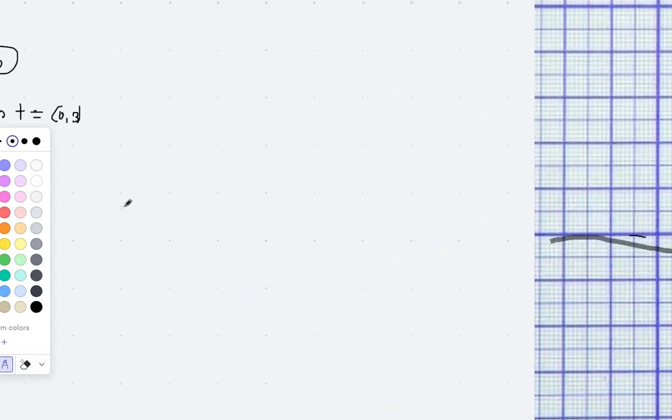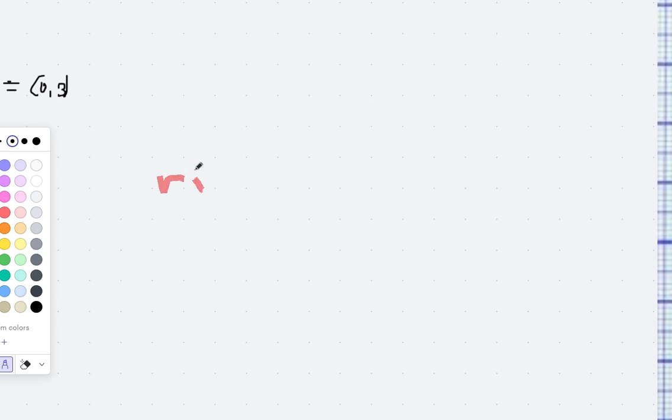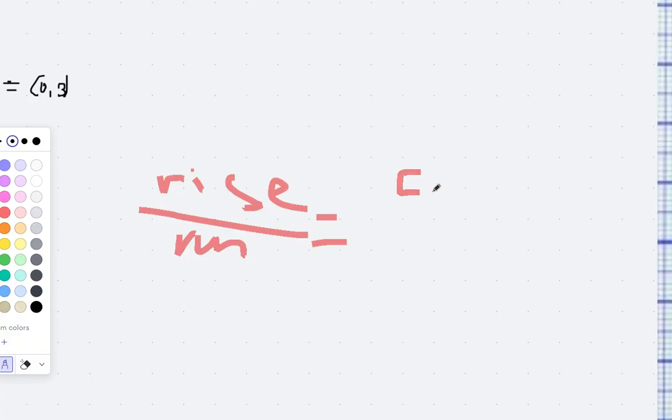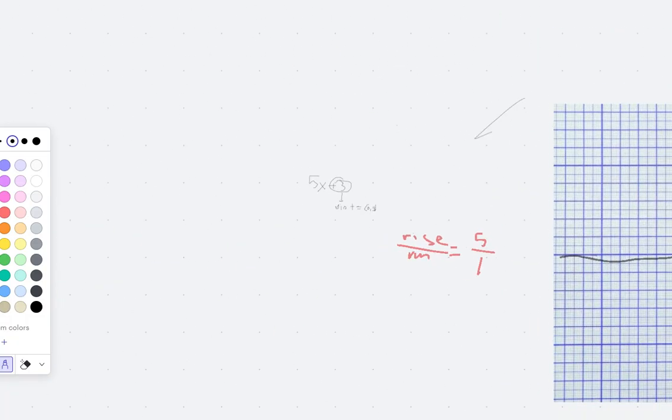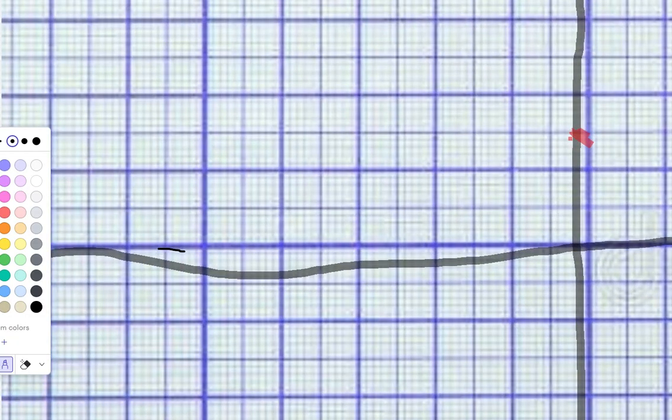It's basically we could do rise over run, where the denominator is run and the numerator is rise. So in this case, 5 by 1, which means when you rise 5, you go forward 1. So let's just say rise 5.